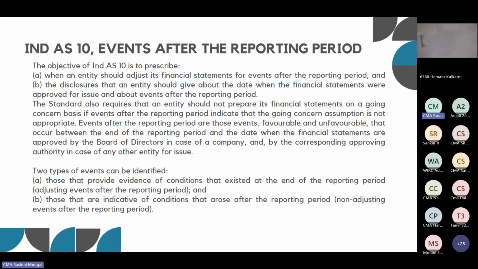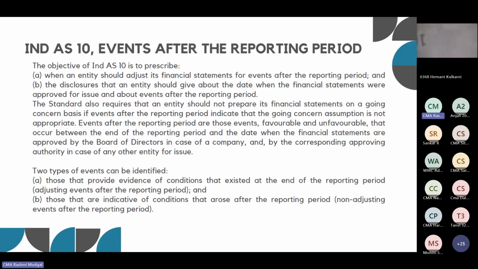Events after the reporting period, favorable or unfavorable, can occur between the end of the reporting period and the date when the financial statements are approved by the board of directors in the case of a company, and by the corresponding approving authority in the case of any other entity.